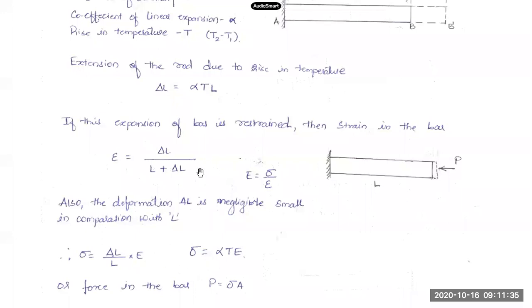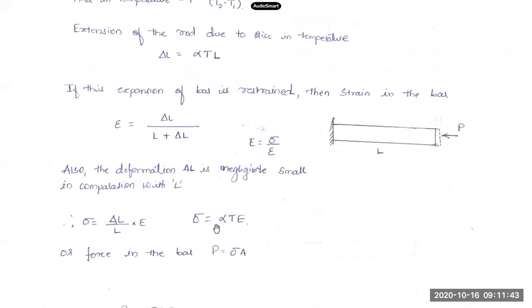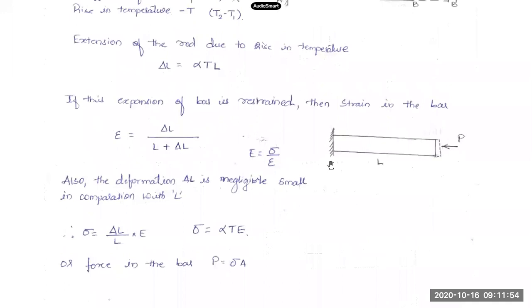If I substitute for these terms, stress will be alpha T into E. Or if you want the force in the bar, multiply this stress with the cross-sectional area of the bar. It will tell you the force that is developed in this bar due to the change in temperature.